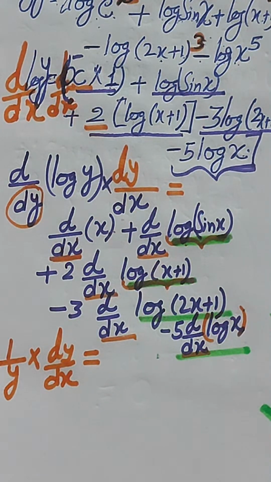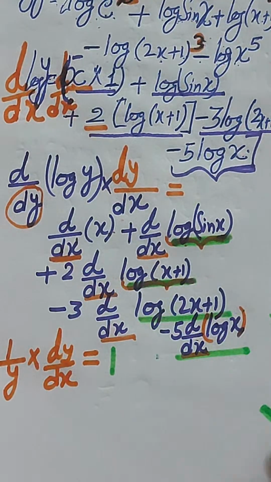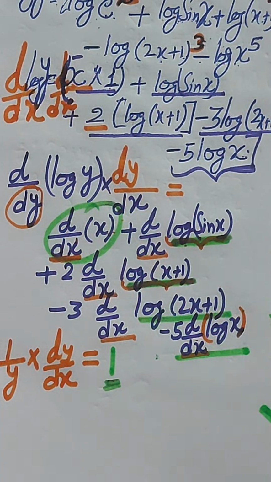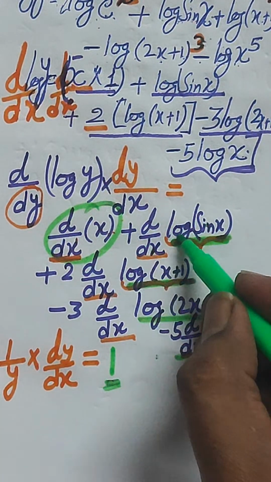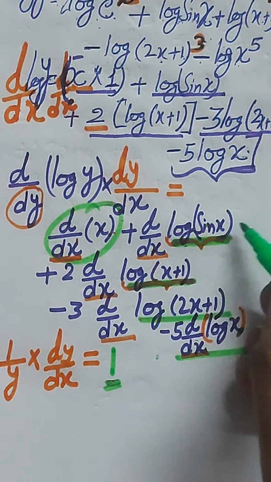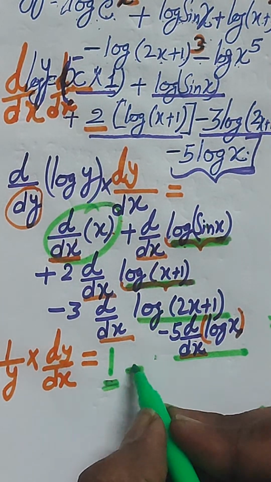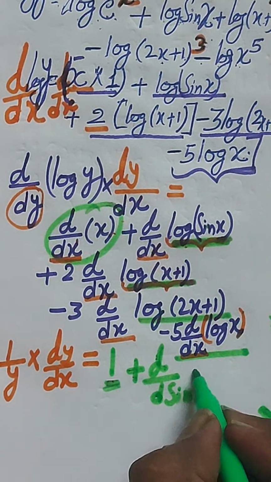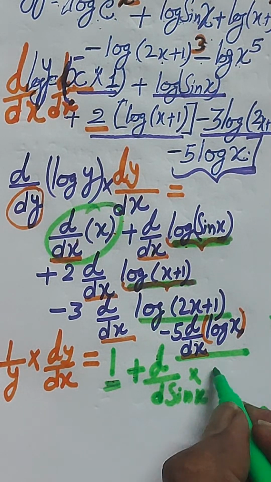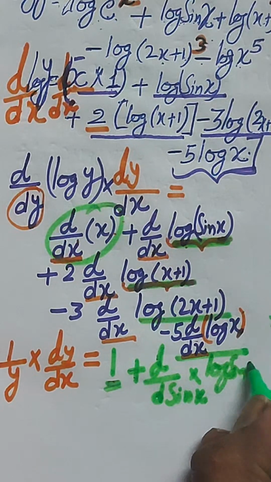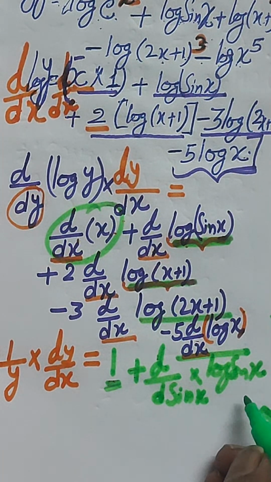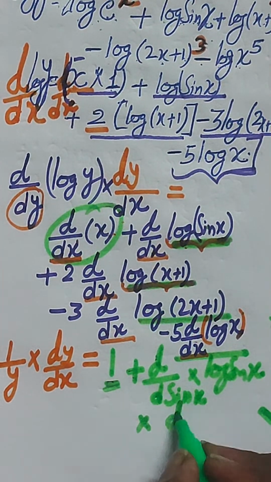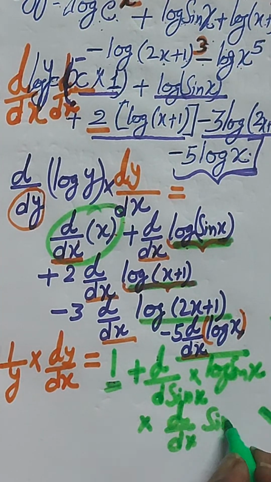D by dx of x is nothing but 1. For this, it's 1, right? And for the second term, d by dx of log of sine x, right? Then you can see this can be differentiated with respect to sine x, d by d of sine x of log of sine x, right? Multiplied with d by dx of sine x.